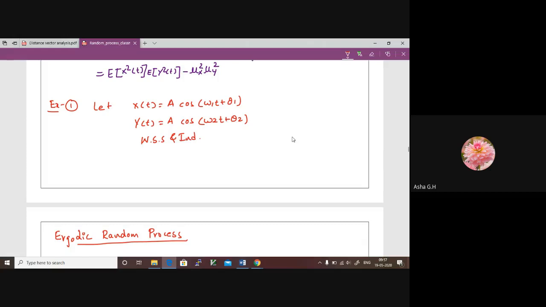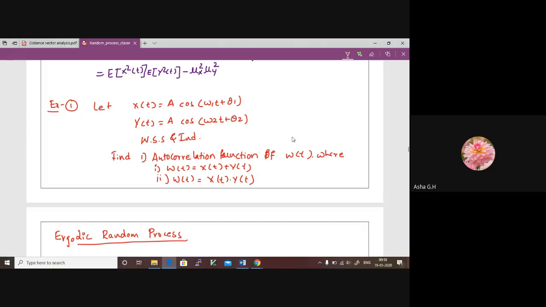Now find the first one, the autocorrelation function of w of t, where first, w of t is equal to x of t plus y of t, and second, w of t is equal to x of t into y of t.